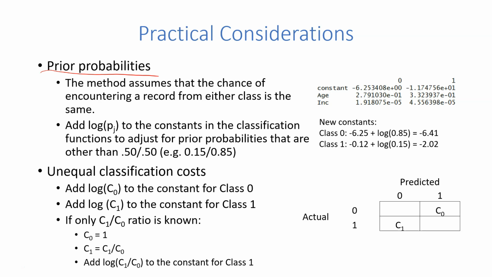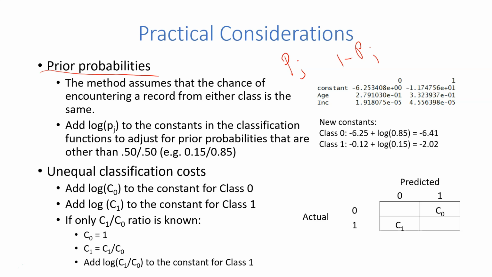There is a simple way to adjust the classification function to account for the prior probabilities. Let's say that Pj is the prior probability of membership in class J. So in a binary class situation, the probability of the case belonging to class J is Pj, and the probability of the case belonging to the other class is 1 minus Pj.